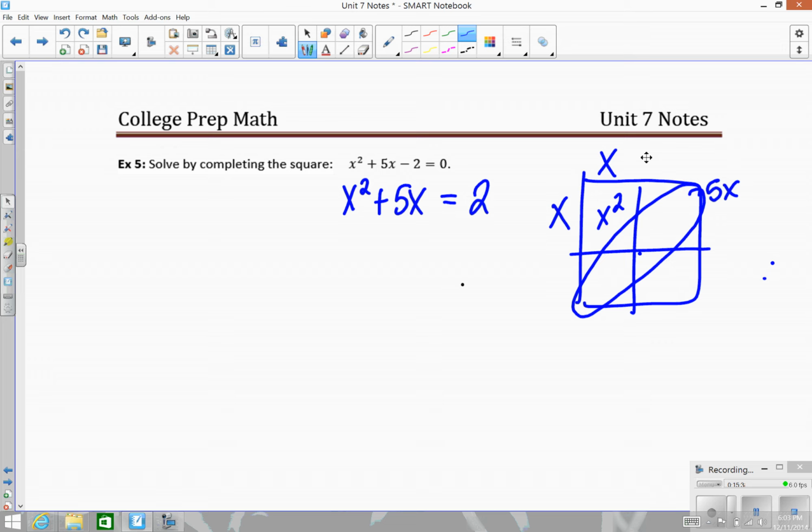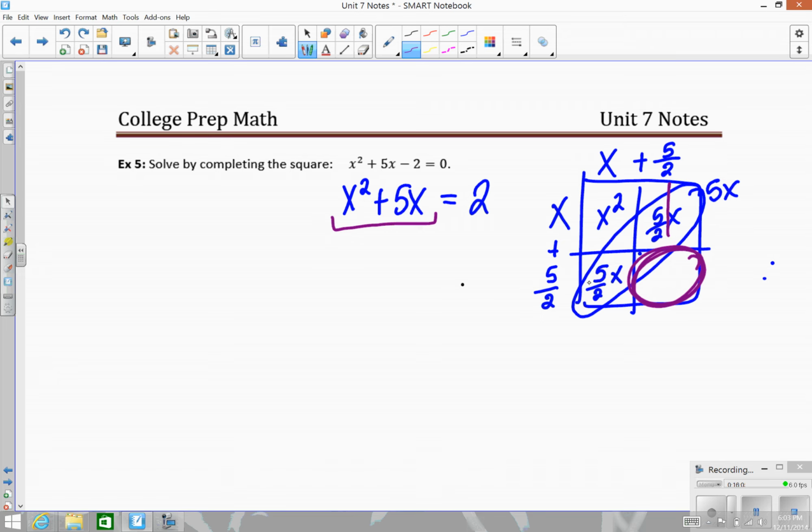So when you divide 5 by 2, I'm just going to leave it as 5 over 2. So this would end up being 5 over 2x, 5 over 2x, so that when you combine them, you get 5x. And then the number that you need to add to both sides of this equation so that you create a perfect square trinomial is the number that would go in this box here.